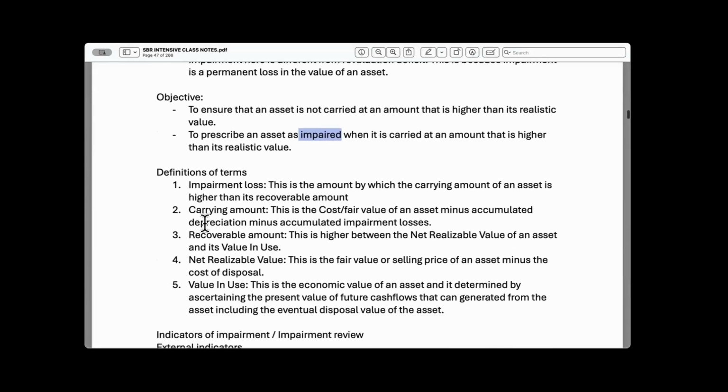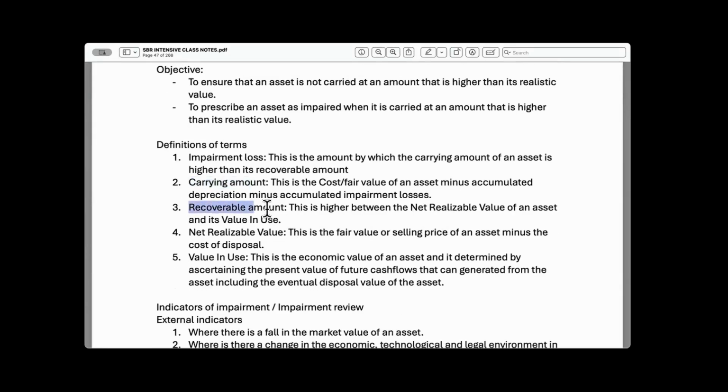So we looked at some definitions like impairment loss, which is the amount by which the carrying amount of an asset is higher than its recoverable amount. We looked at carrying amount, which is the cost or fair value of an asset minus accumulated depreciation and accumulated impairment losses. Then recoverable amount, which is the higher between net realizable value and value in use.